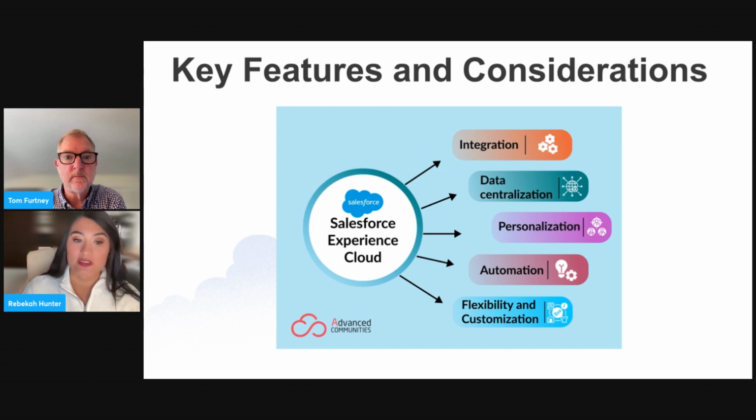Fourth is automation. So really elevating efficiency, elevating experiences. Automation isn't just about speeding up the processes. It's about elevating the quality of your customer experiences. So with Experience Cloud, you can streamline your routine tasks. You can make sure that your team is focusing on the things that really matter, which are building relationships.